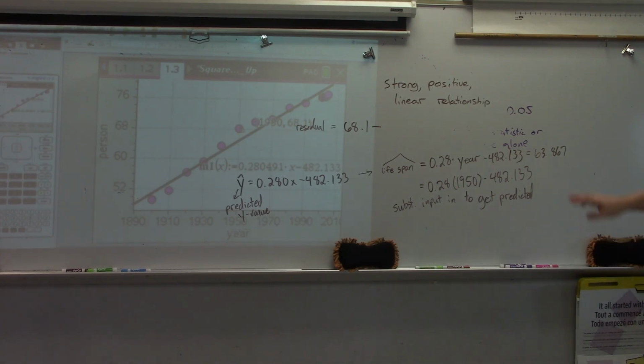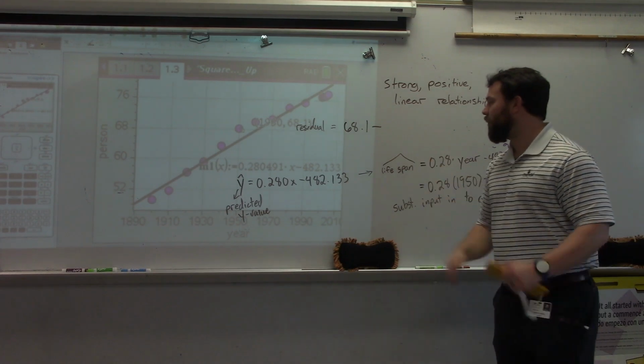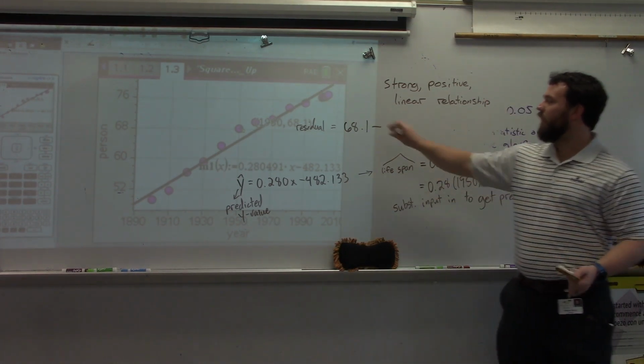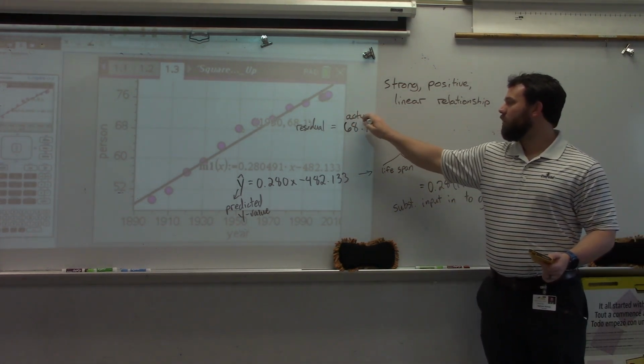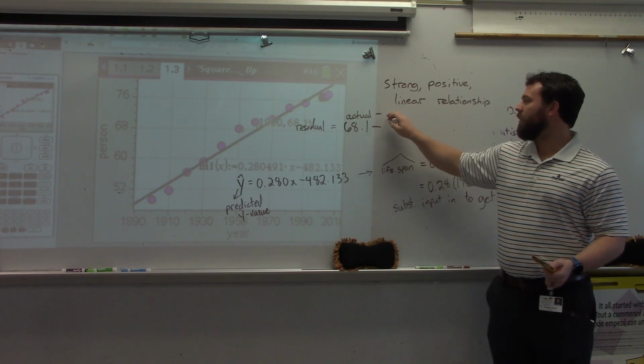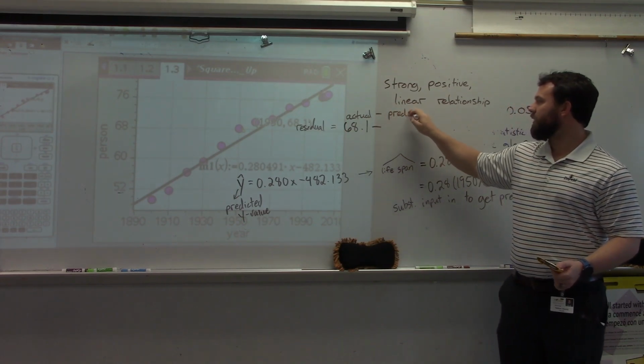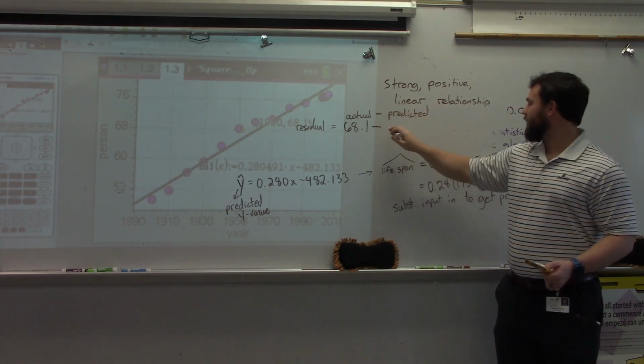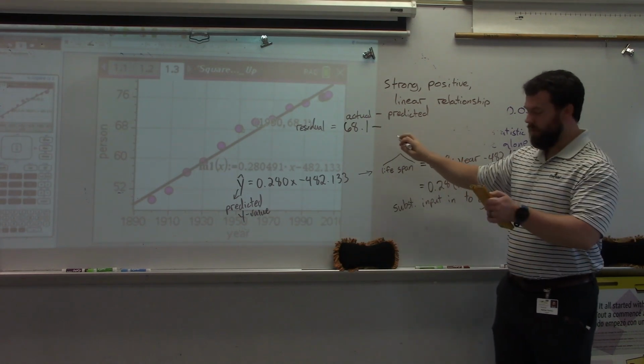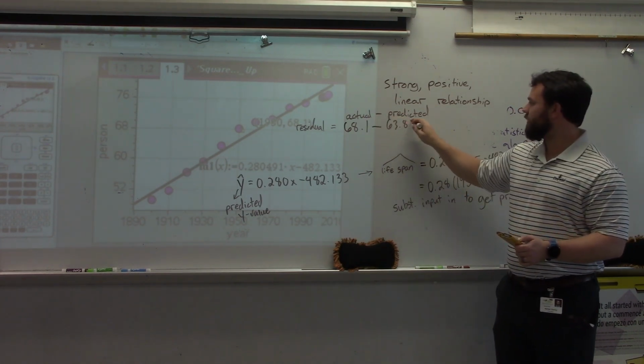Hey guys, remember, everyone has a different equation. You're going to get some differences in there. Now, residual 68.1. Well, that's my actual. And how do I calculate a residual? Actual minus predicted. And so in this case, my residual would just be whatever that is.